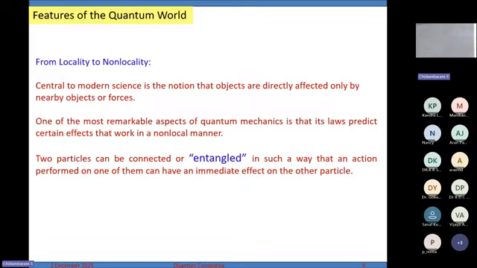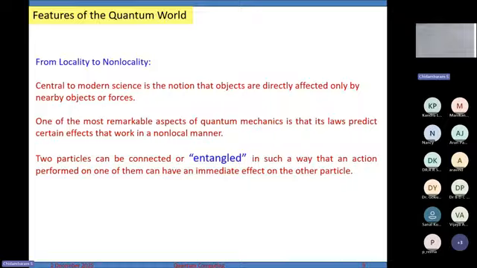However, in quantum, the laws predict certain effects that work in a non-local manner. From where is this non-locality coming? People talked about entanglement, right? Wherein objects get entangled. The moment you try to measure one, it will affect the state of the other qubit also.